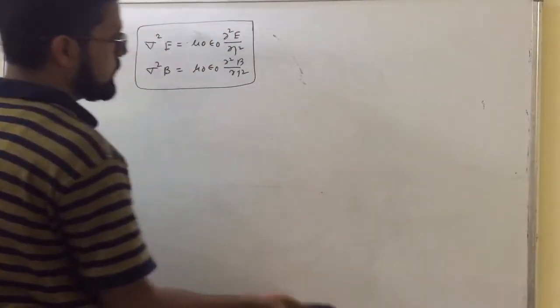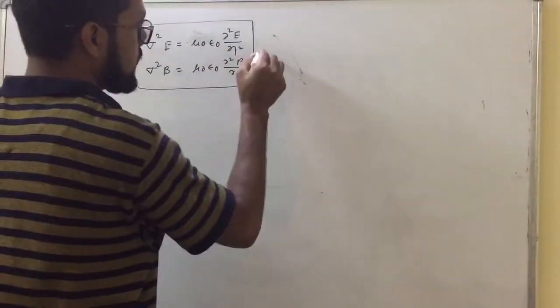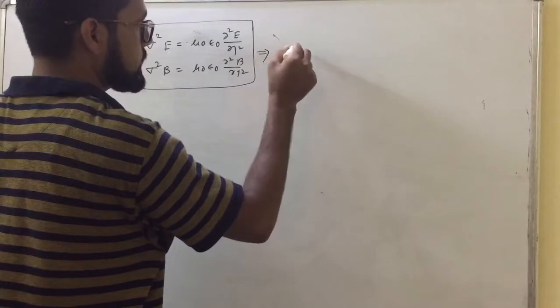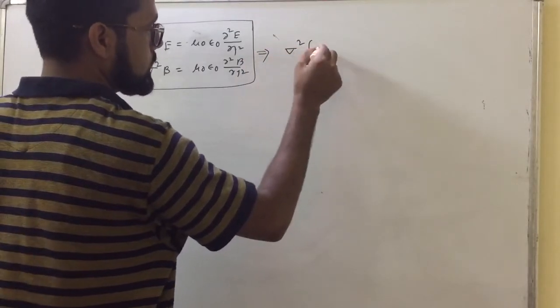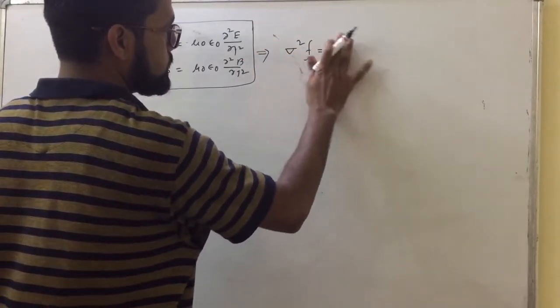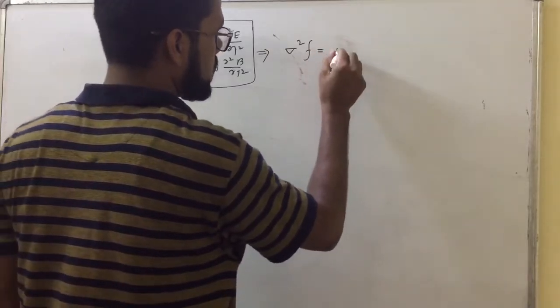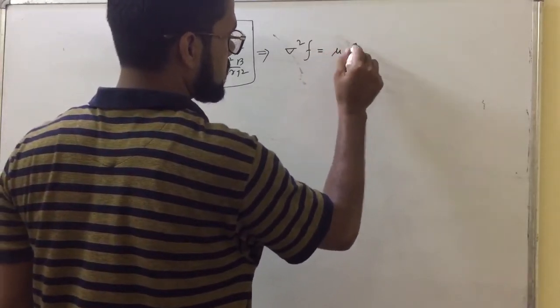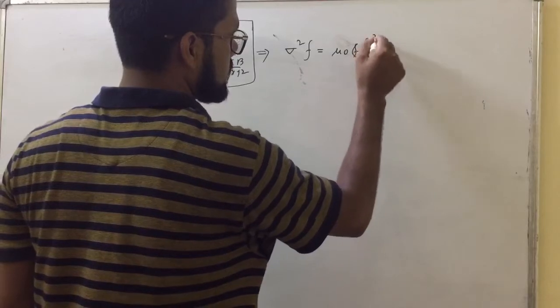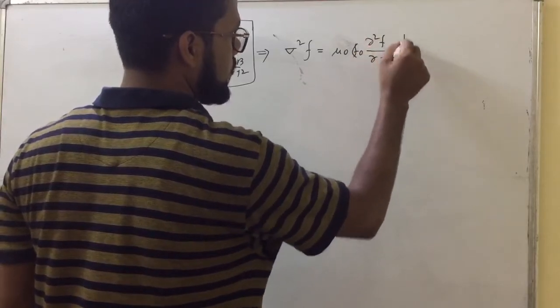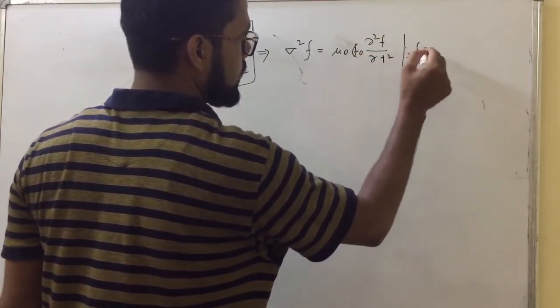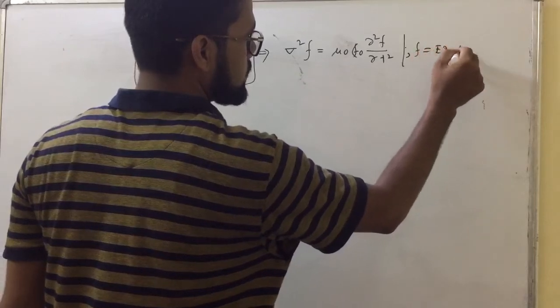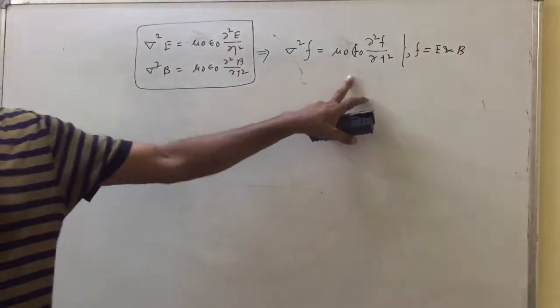Now simple. This equation means I can generalize this equation like this: del square F equal to mu naught epsilon naught del square F by del t square, where F equal to E and B. I generalize this equation. Okay.